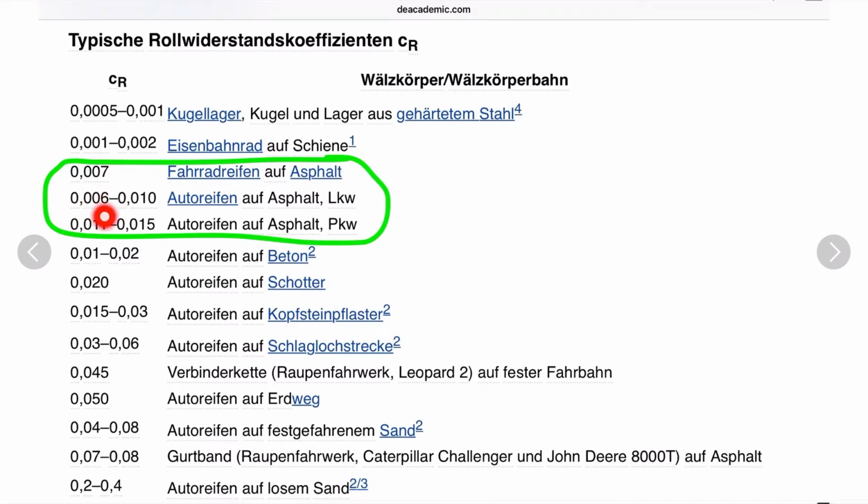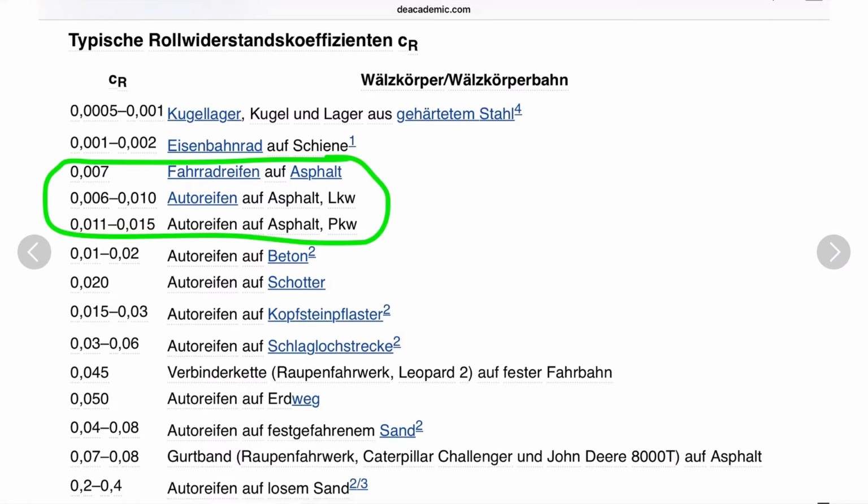And here in the middle you have tires on asphalt for trucks. So this is somewhere in between. But I think the most important coefficients are for cars, which is about 12 thousandths, and for bike tires, which are 7 or 6 thousandths.